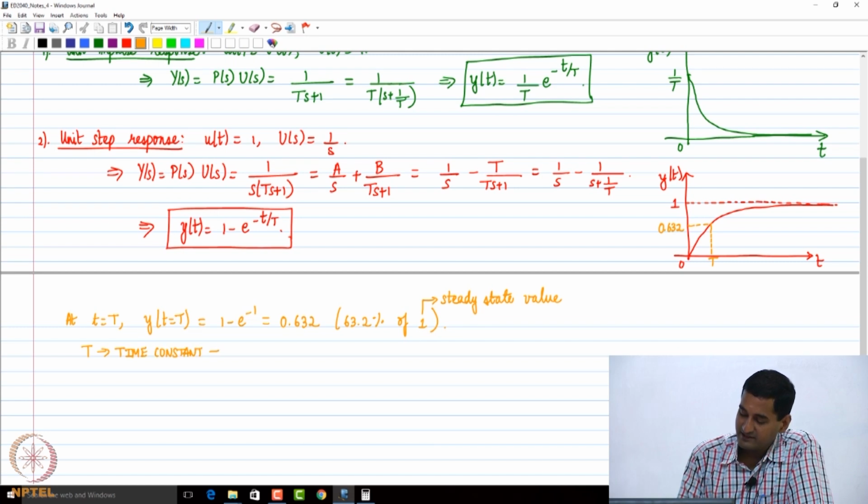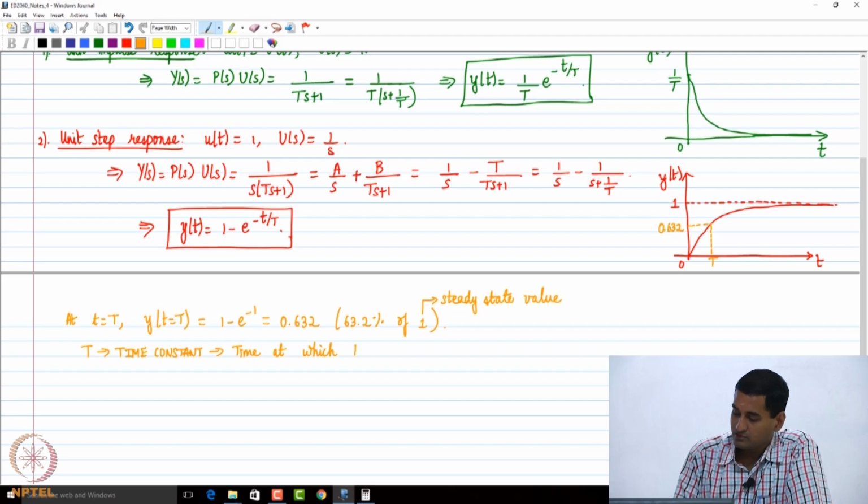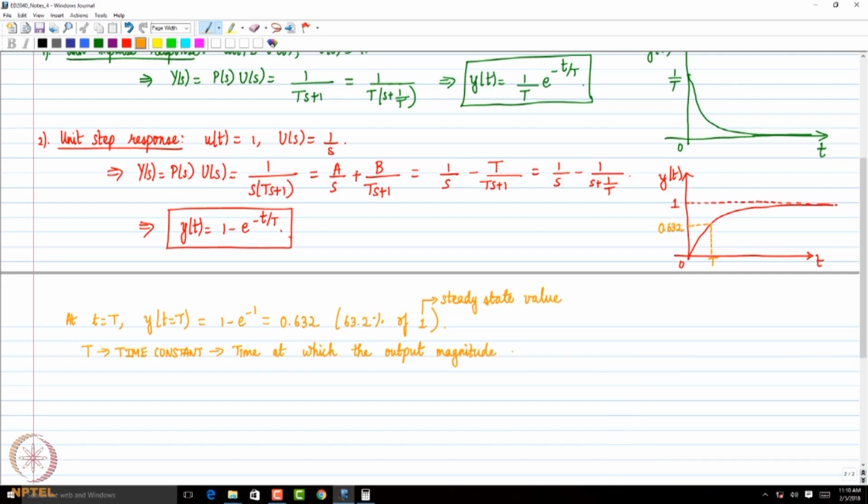It is defined as the time at which the output magnitude is 63.2% of its final steady state value. Okay, steady state value.